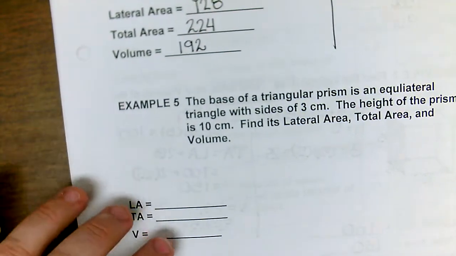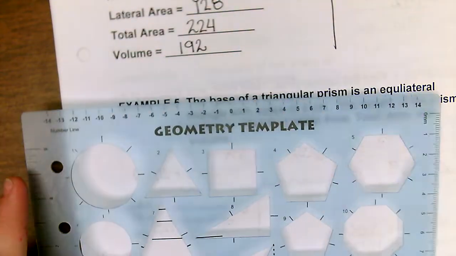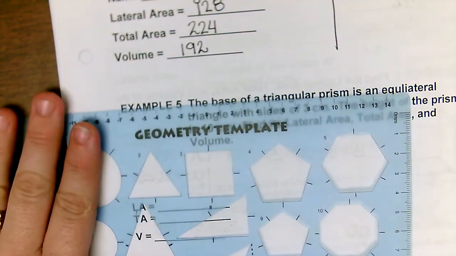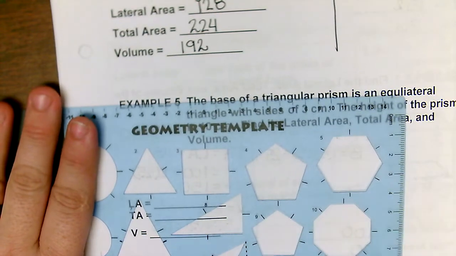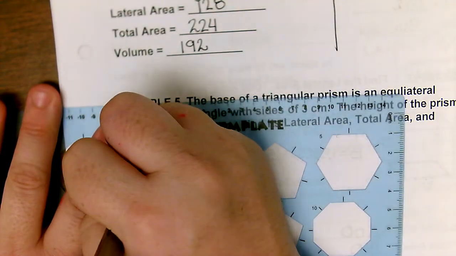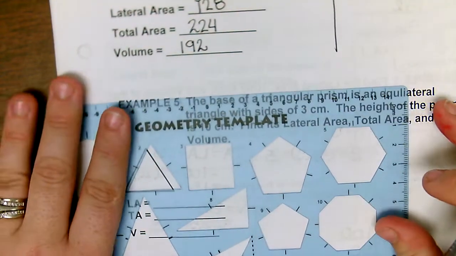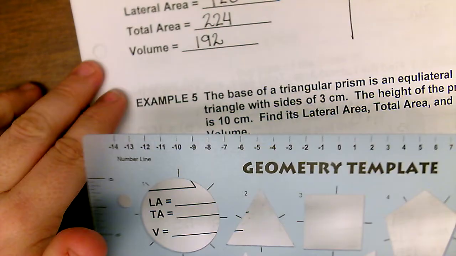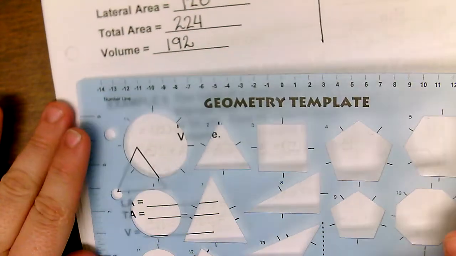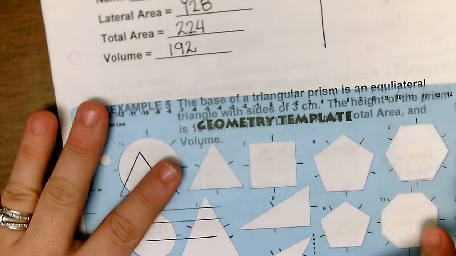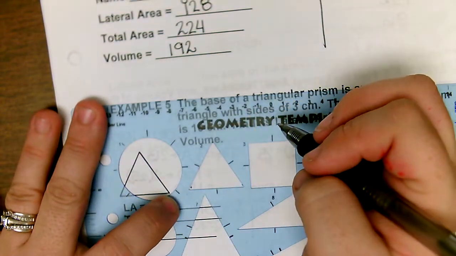Alright. Example 5. We have a base of a triangular prism that is an equilateral triangle of 3. So I'm going to draw it out.